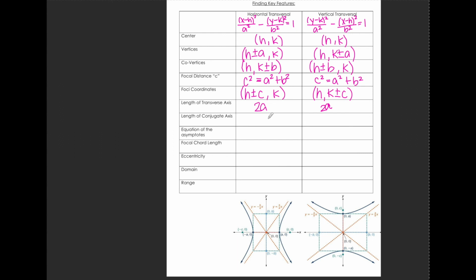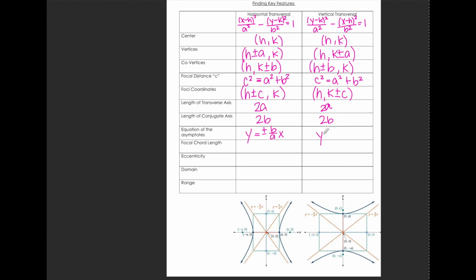So now we're backwards. And this one's just going to be 2b for both. The equations of the asymptotes, you can see they're filled in this diagram right down here. So for my horizontal hyperbola, the equation of the asymptotes are plus or minus b over a times x.